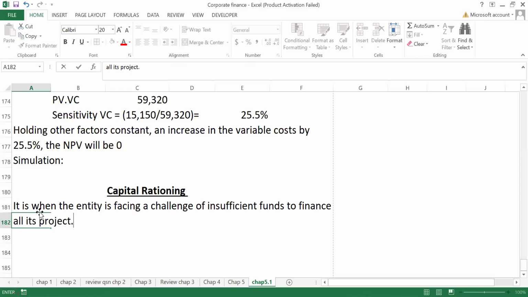So the business may be having projects that are profitable, but you find that you don't have enough money to finance all your projects. In that case, we say that you have capital rationing.